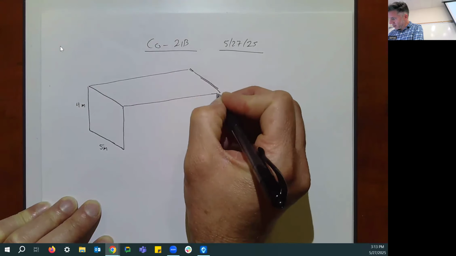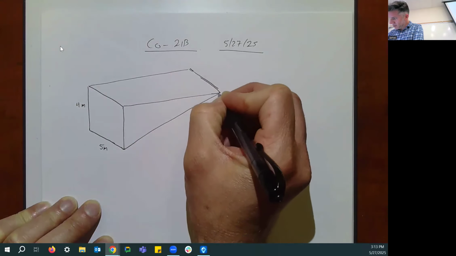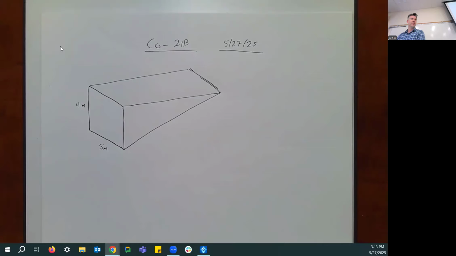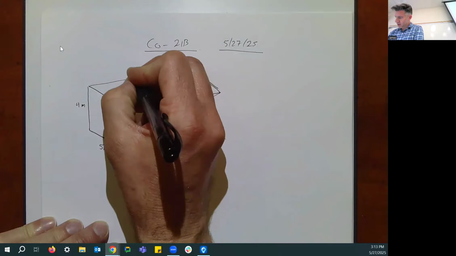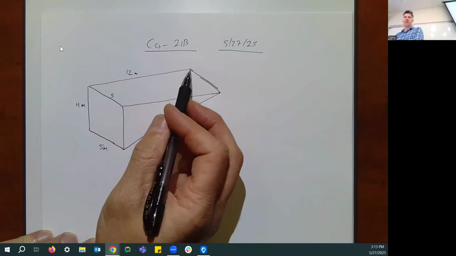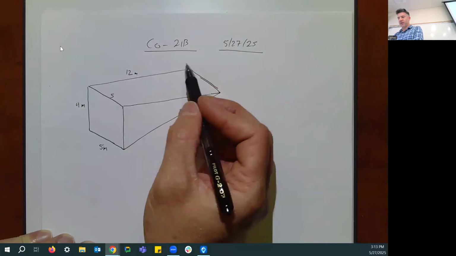Okay, I guess that works. That seemed reasonable. Although who's to say why it has to be 12 meters on this side and why couldn't it be 5 meters here and 12 meters there?